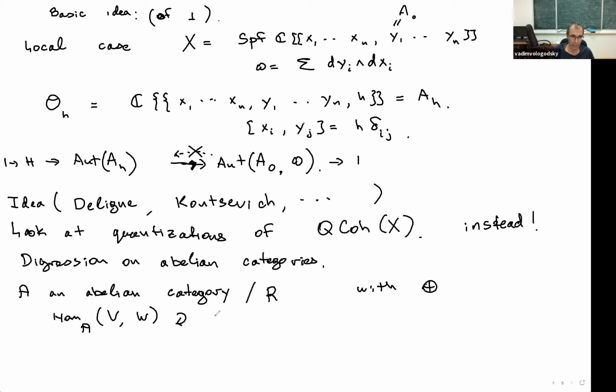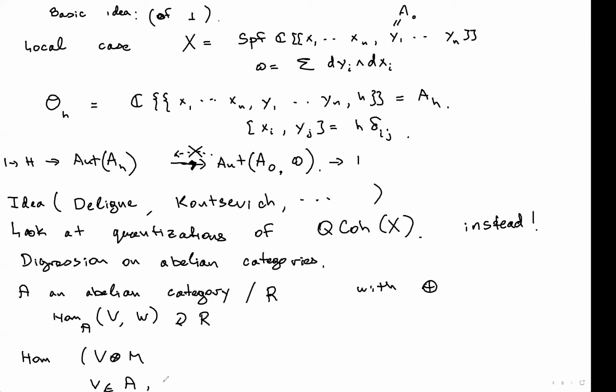For example, think of the category of modules over some R-algebra. That's a good example. If I have such an R-linear abelian category, then I can tensor any object V of this abelian category by a module M, where R is commutative and M is an R-module.